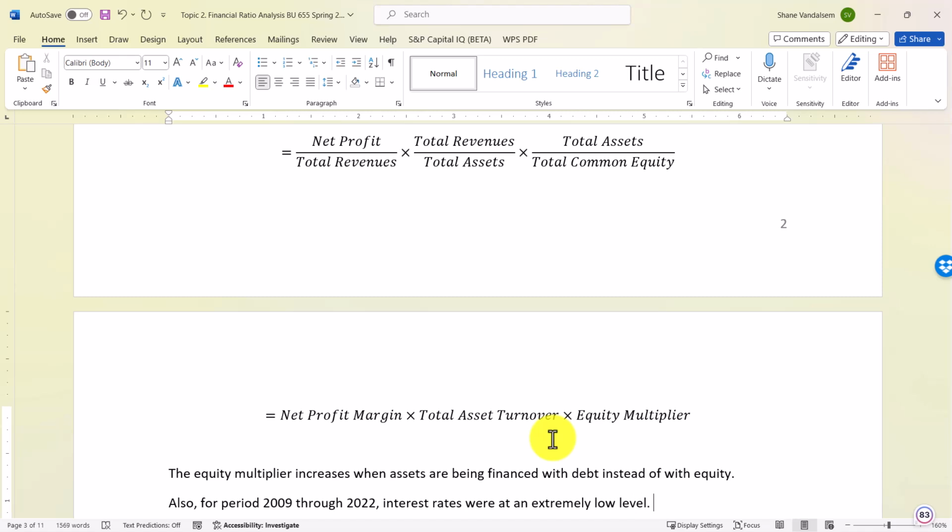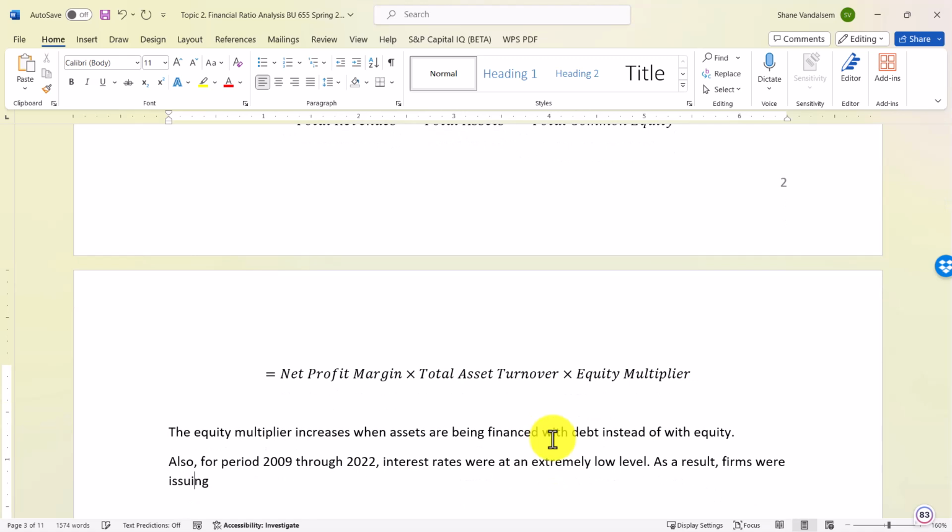And so what a lot of companies did during this time was go out and take out debt and repurchase their stock in the stock market. So they were issuing debt, issuing bonds, taking the proceeds of those bonds, and using that for stock repurchases, to go out into the market and repurchase their stock.